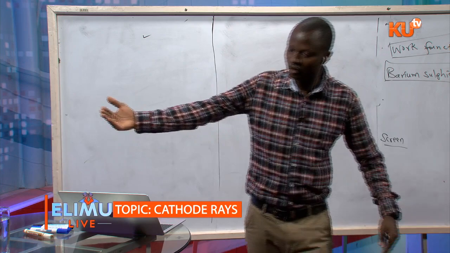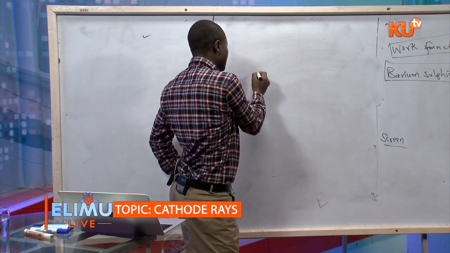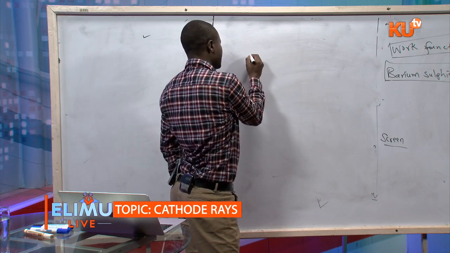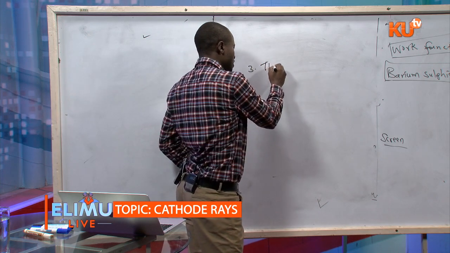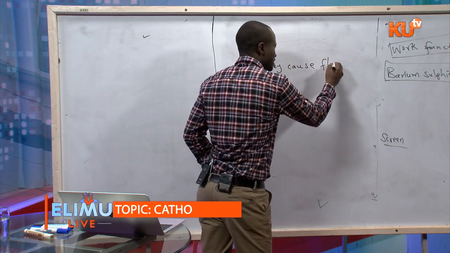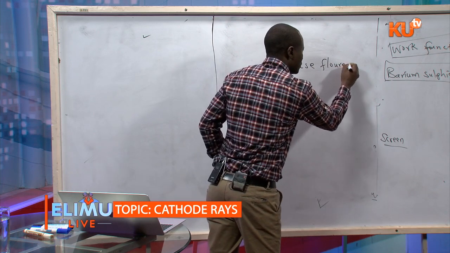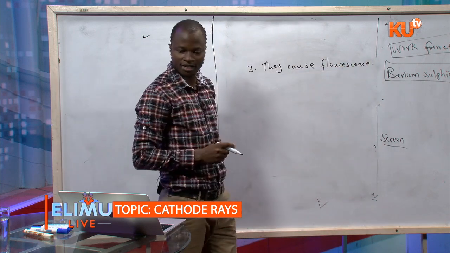Other properties will include they produce fluorescence. So we have talked about straight line, that is number 1, number 2. Then number 3, they cause fluorescence. They cause fluorescence. What does that mean?